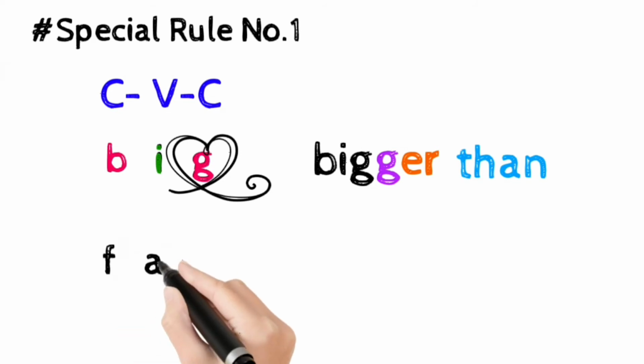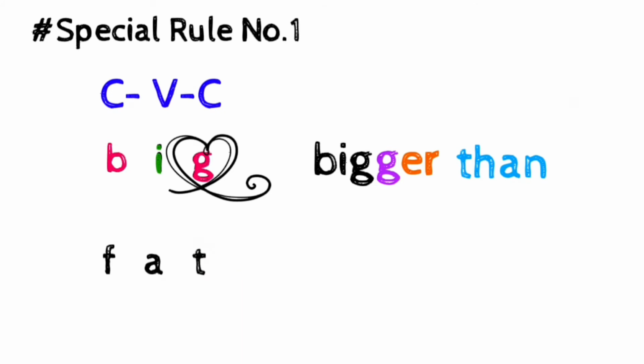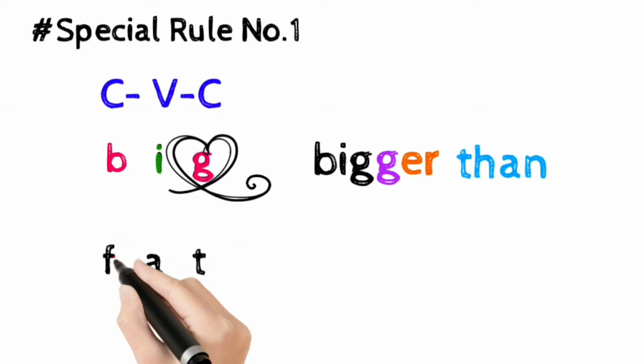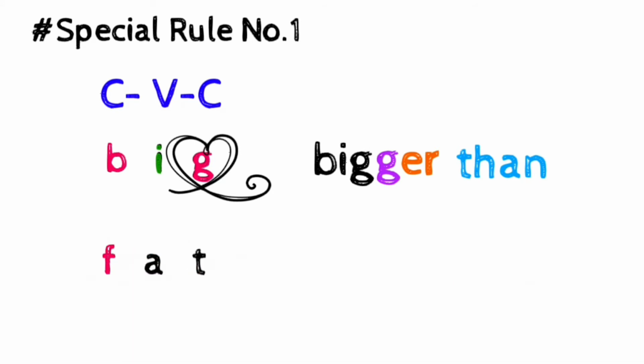Now let's take a look at another example. Fat. Fat is another example of adjective that is made up of CVC. F is a consonant. A is a vowel. And T is a consonant.